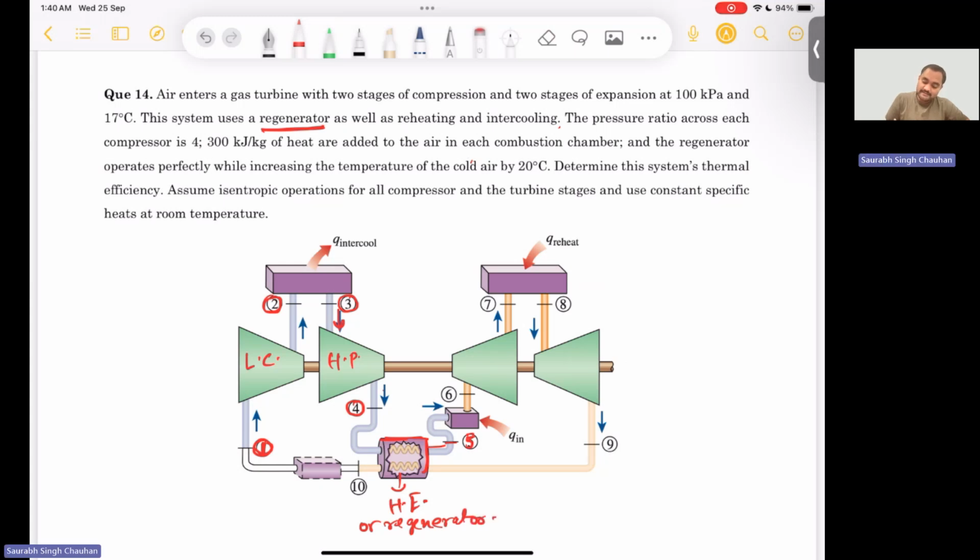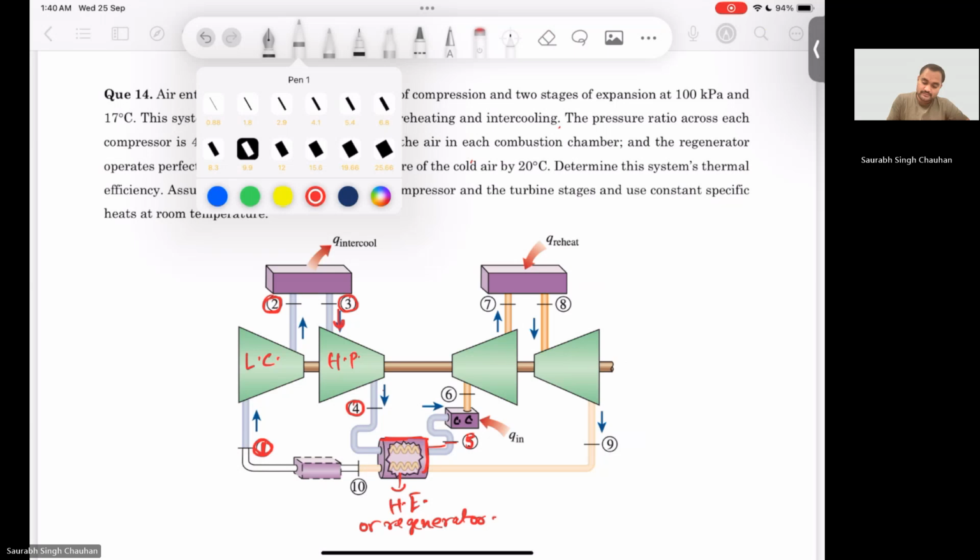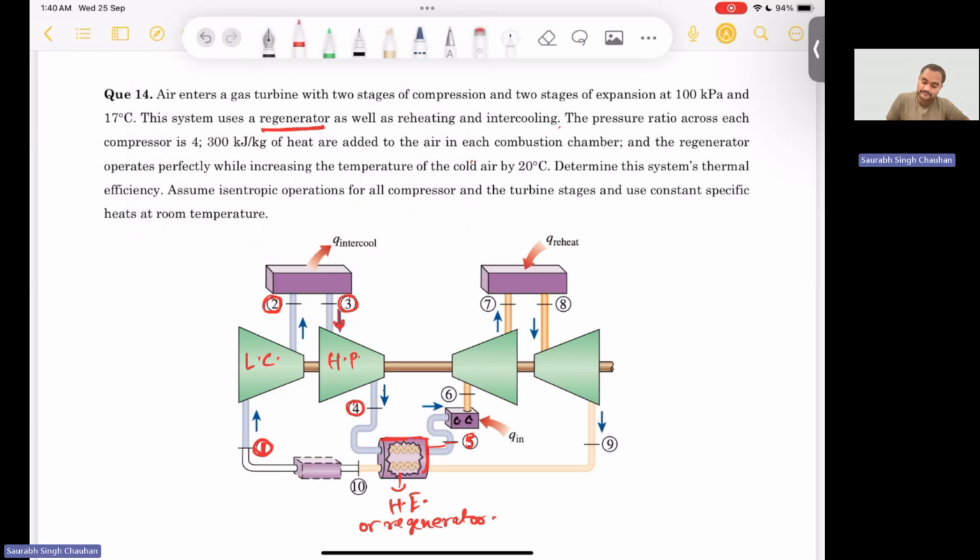Then after the regenerator it goes into the combustion chamber, then into the high pressure turbine.